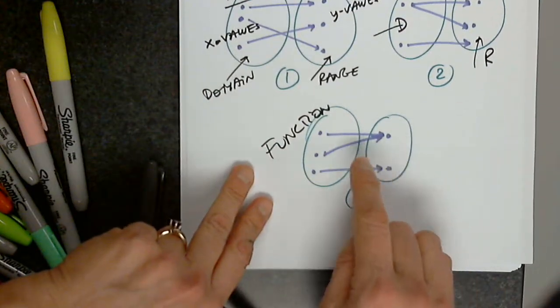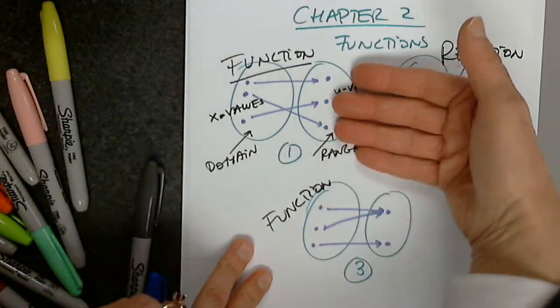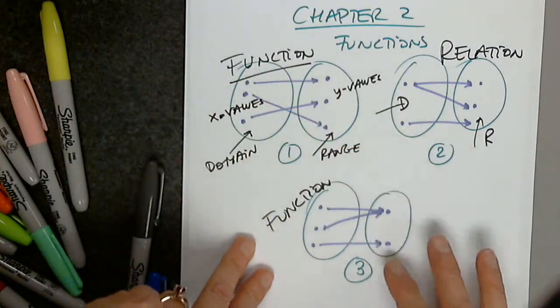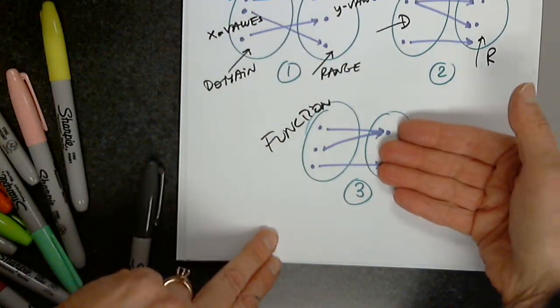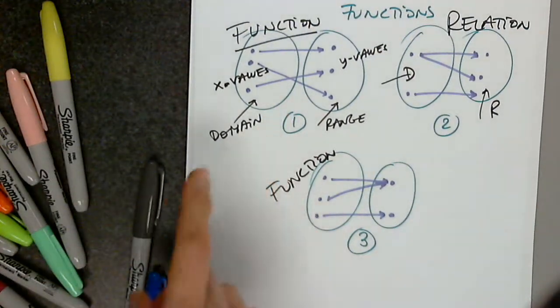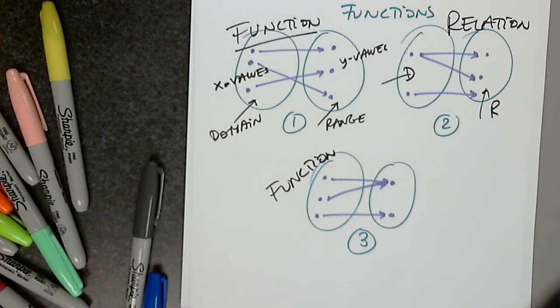Can I create a function going backwards here? No. So this first function has a key property that not only, by definition, each x corresponds to only one y, but also vice versa. Each y corresponds to only one x.